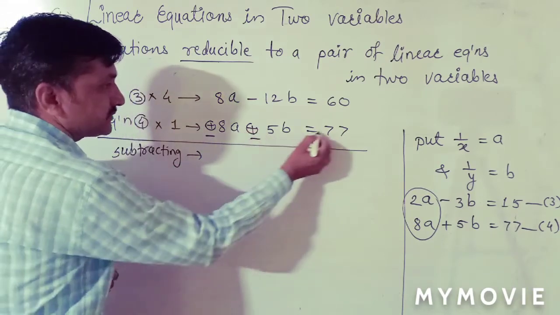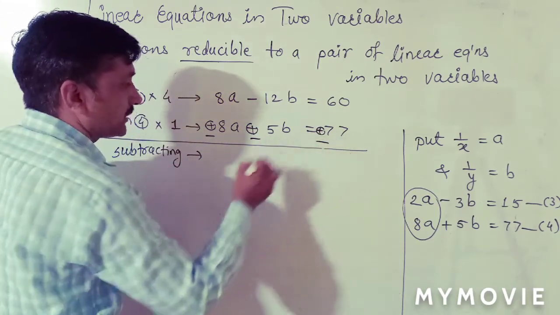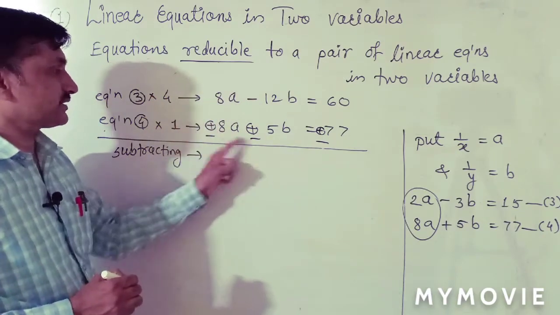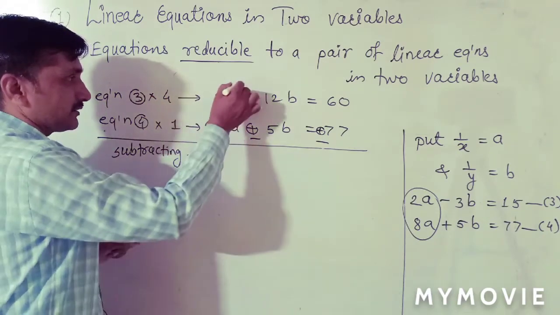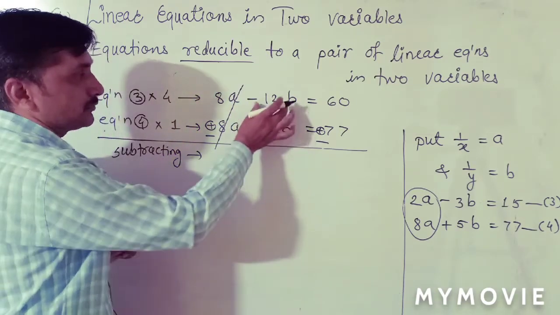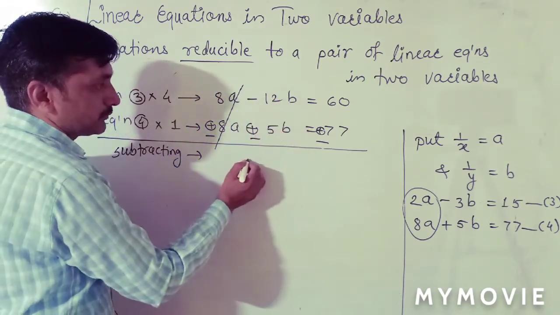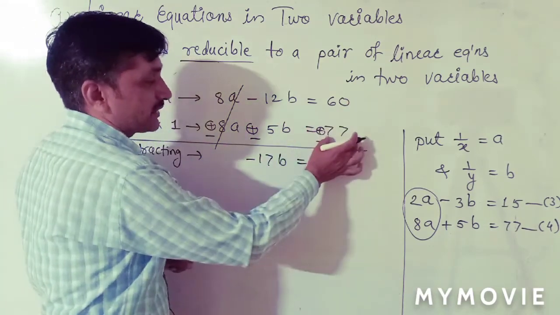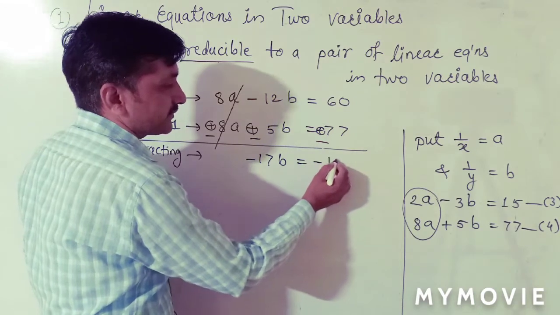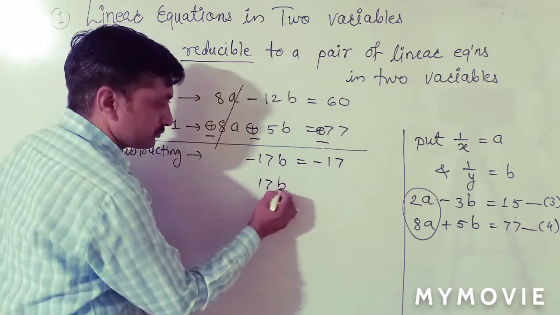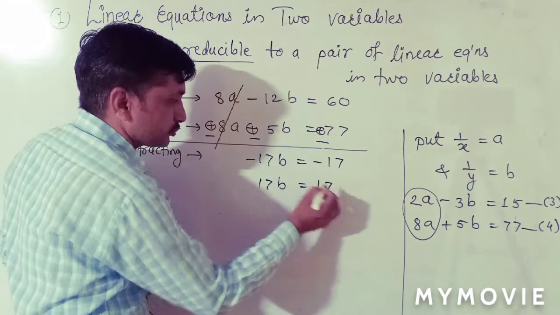Minus, minus, and here also minus. 8a minus 8a will get cancelled now. Here addition, minus 12 minus 5, minus 17b is equal to 60 minus 77, minus 17. Both are negative, write them as positive, is equal to 17.